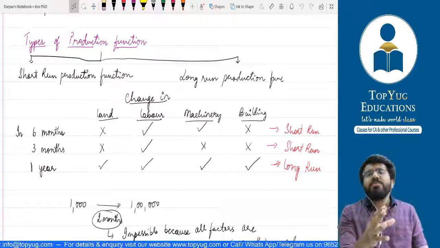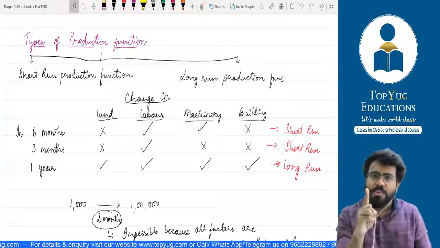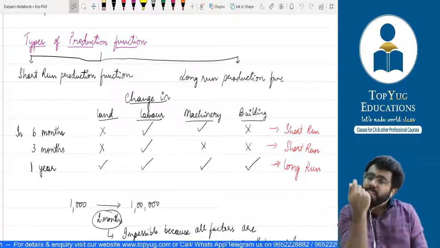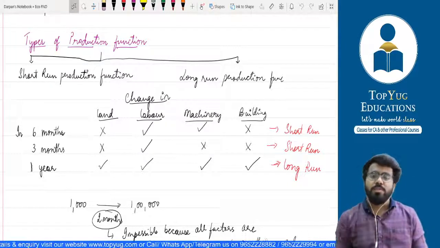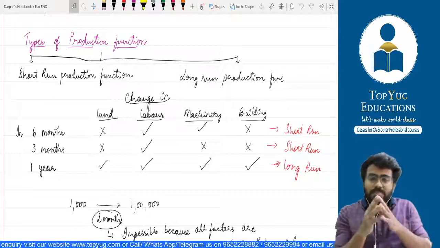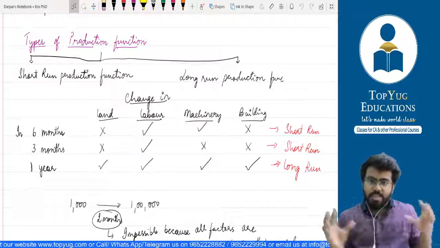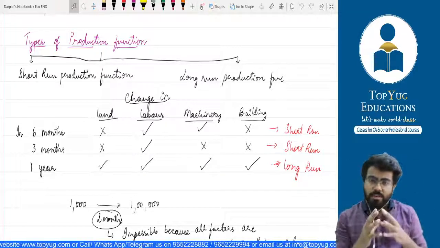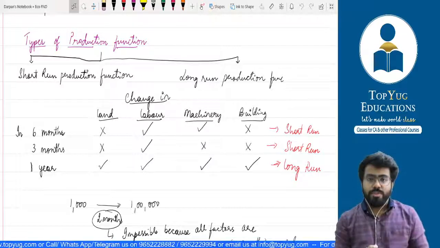At least one of the factors out of all is fixed. That means I am not able to change any one factor. Either it can be one, it can be two factors which cannot be changed, or it can be three factors which cannot be changed, right? So if at least one, if I am not able to change even one out of so many factors, if one of them is fixed, then it will be short run production function.